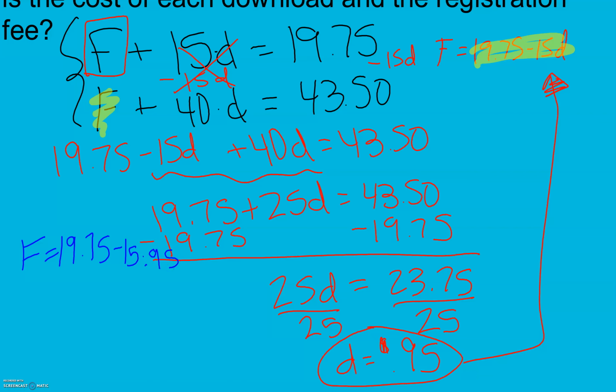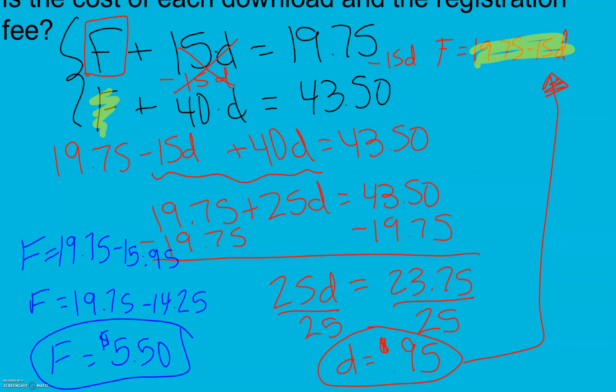So we multiply first. And then we can subtract. Or you could have just typed that all right in, and we get $5.50. So $5.50 fee and 95 cents per download.